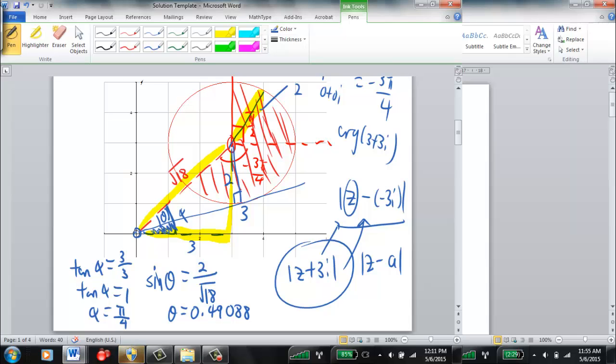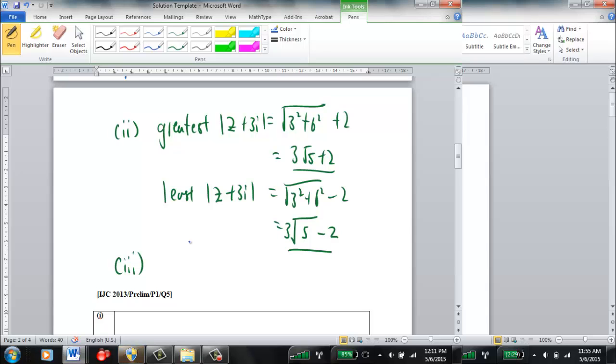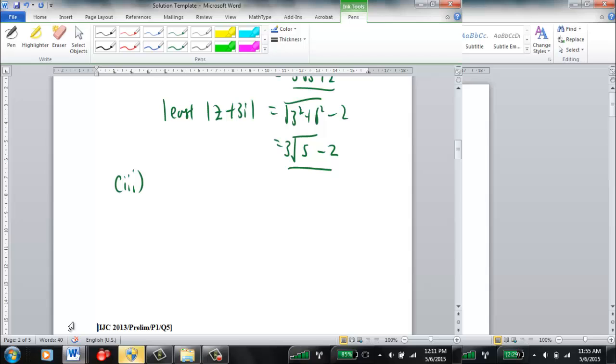Correct? Okay, so let me tidy this up for you. Yeah, so the answer is this. I found my sine theta, which is 2 over root 18. Theta is 0.49088.